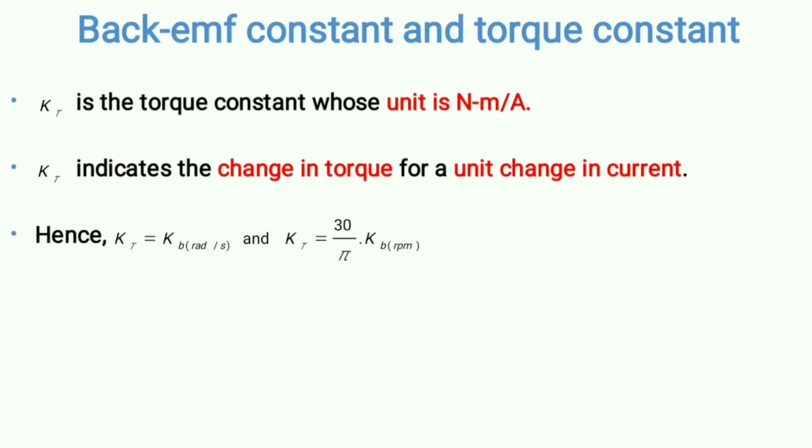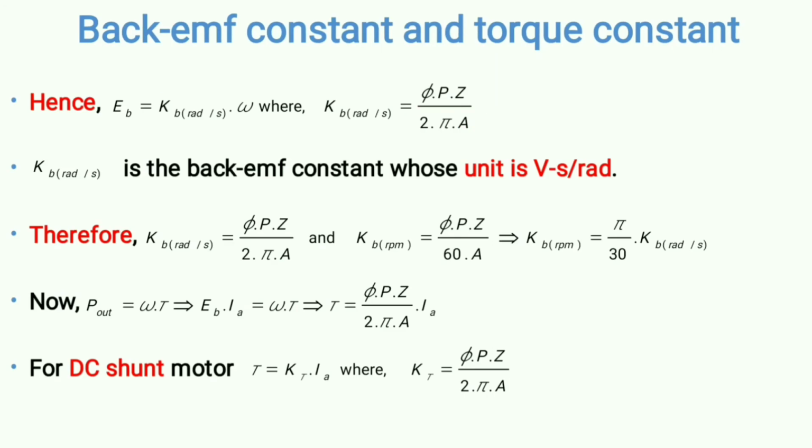So now see this expression. Now you have got all the values. You know what the back EMF constant is. There are two back EMF constants, one in radian per second, one in RPM. You also know the expression of torque constant. Now you can easily relate those things, right?